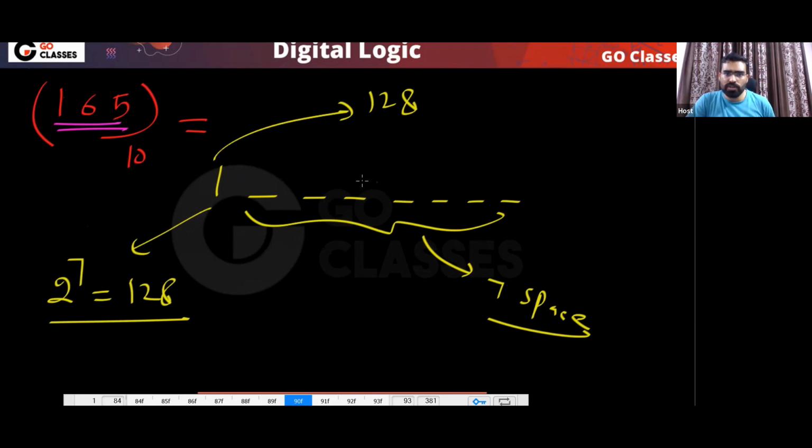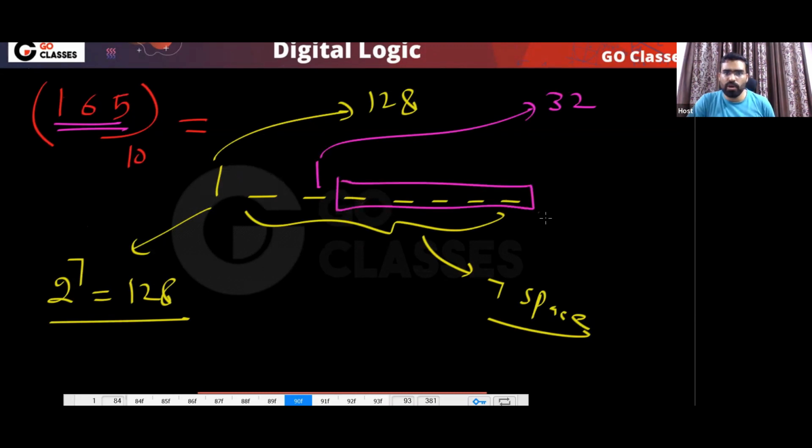So for 37, if I write this, how much will it give me? This will give me 32, because there are 5 symbols here. Now I have 32.